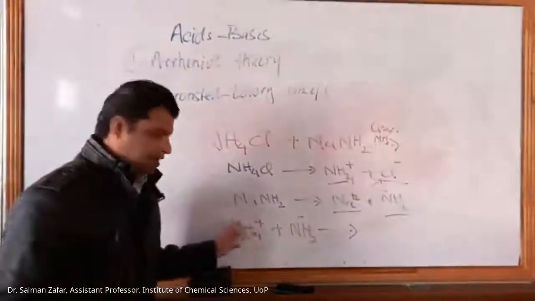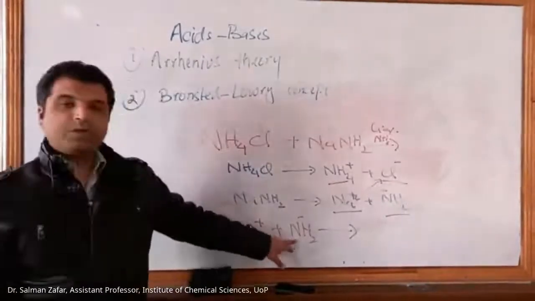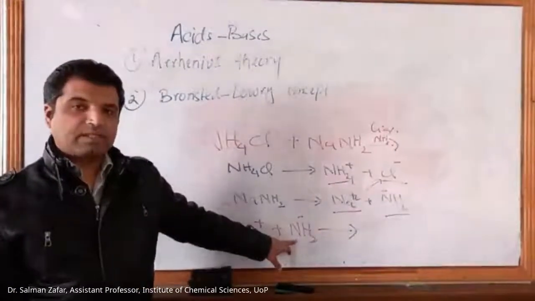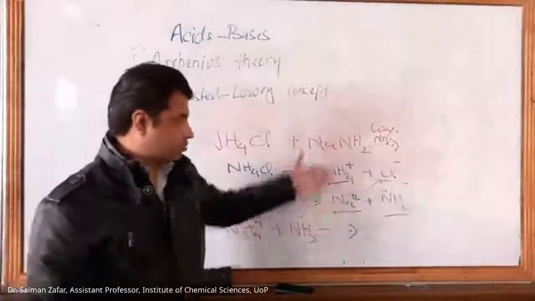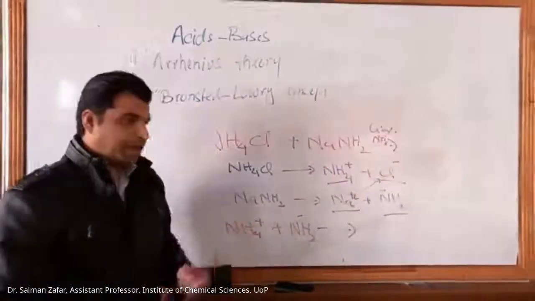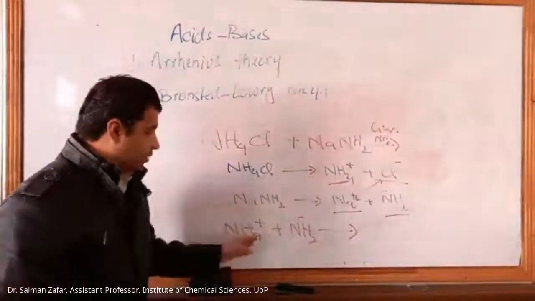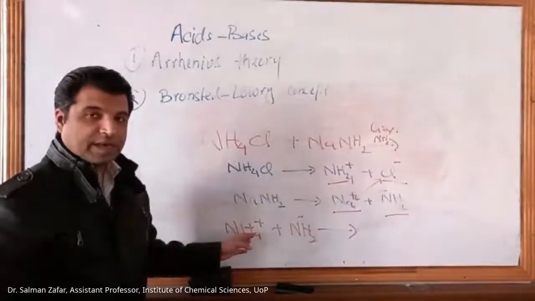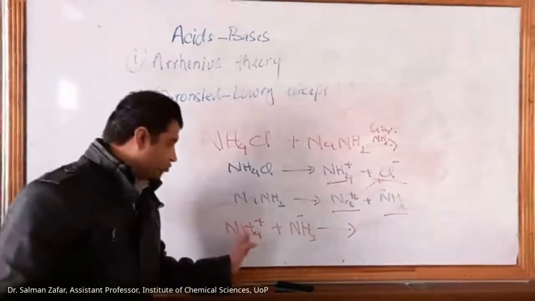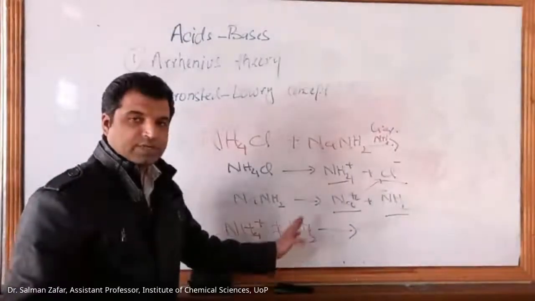But this hydrogen ion, donated by the ammonium ion, will be extracted by this amide ion. Because all of these are present in the same solution, this amide ion, where the negative charge is highly unstable, would be happy to extract this H+. So H+ from this ammonium ion is donated to this amide ion.